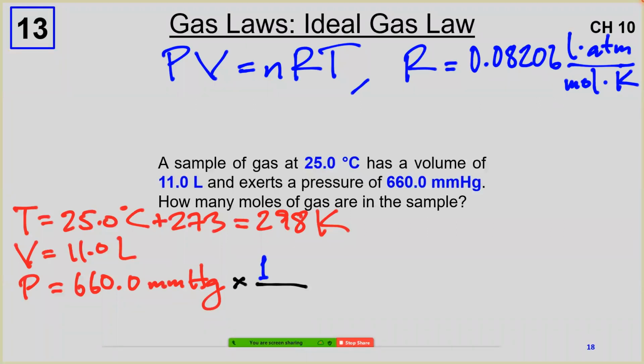Again, the unit that we want is atmosphere, so we want to put that up top. 1 atmosphere is equivalent to 760 millimeter mercury. So you're essentially just dividing 660 by 760. So you can see millimeter mercury canceling out. Plug this into the calculator, 660 divided by 760, and we get 0.868.